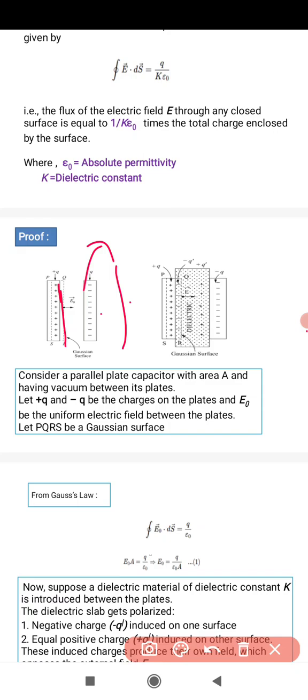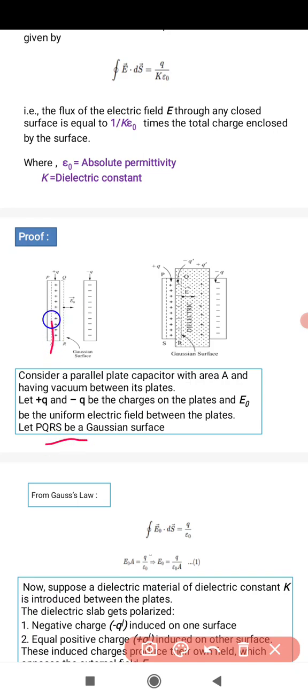Let plus Q and minus Q be the charges on the plates, and E naught be the applied uniform electric field between the plates. E naught is in the forward direction.